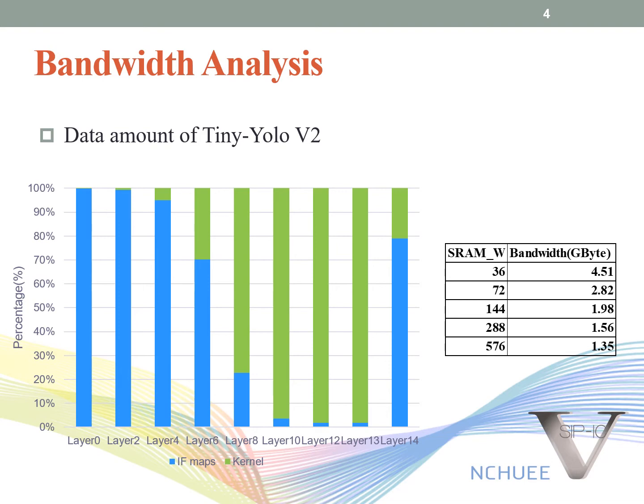For getting the best efficient bandwidth, the SRAM size of input feature maps and kernel is critical. After the analysis, the best trade-off of SRAM size of weight is 144 kilobytes, and the bandwidth is 1.98 gigabytes.